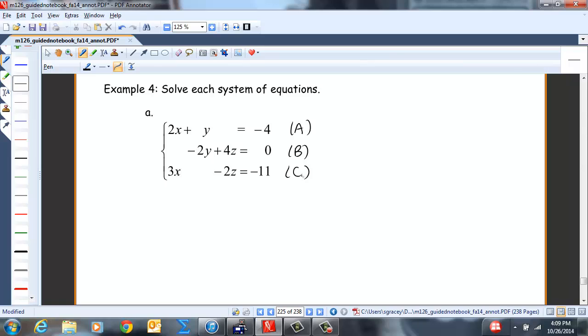When you have a funky problem like this, where different variables are missing from each of the equations, what I would do is use substitution and write each of them in terms of the same variable. So let's do it. First off, I'm going to isolate y in equation A, and I'm going to write it in terms of x.